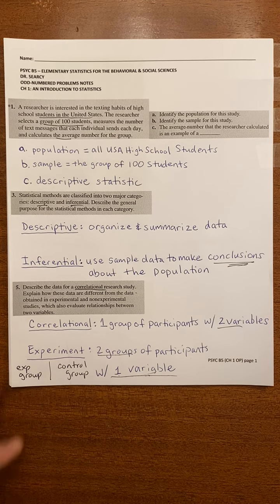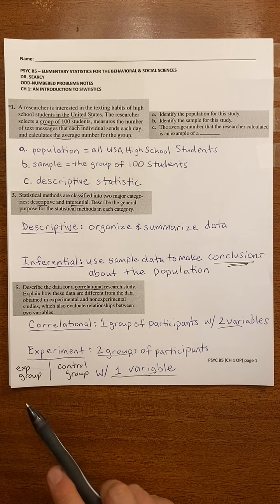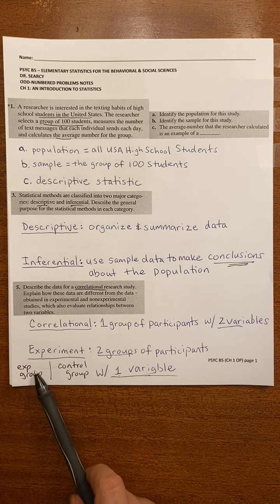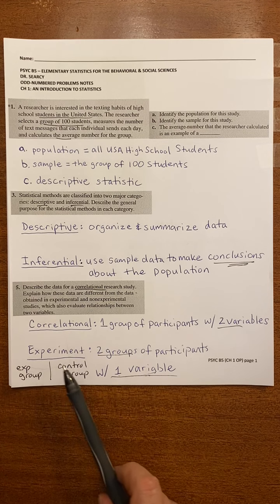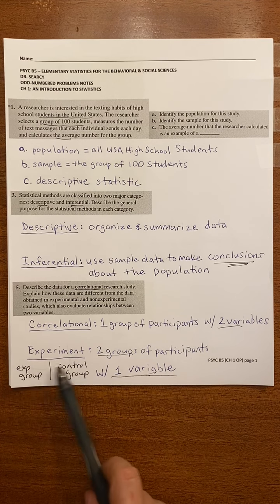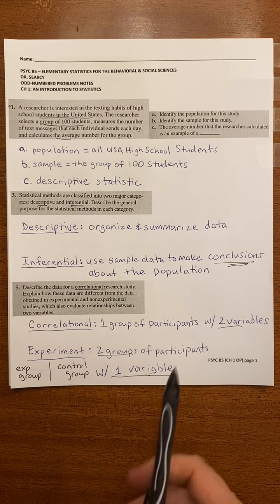The one variable being the administration of the medication. And then we're going to watch their reaction. What we would do in this type of setup is give the experimental group the medication and not give the medication to the control group. And then afterwards, we would measure both groups' levels of depression.